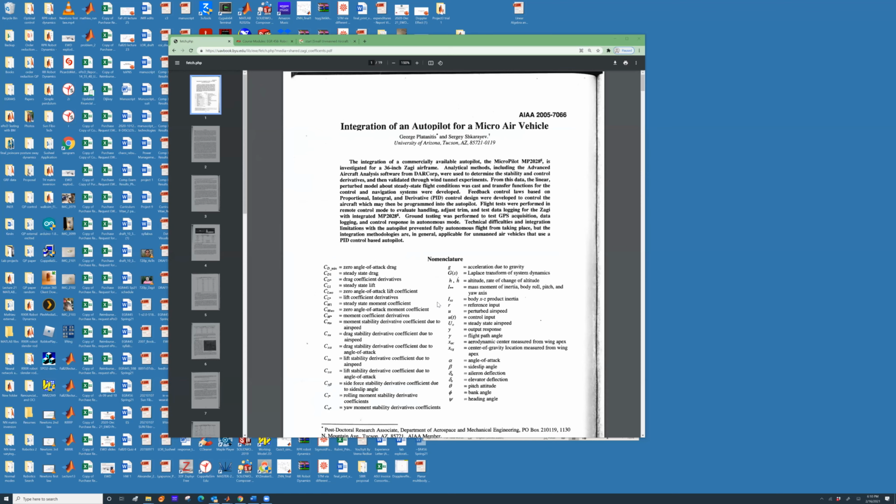That may be able to give you some answers to the questions on what coefficients to use, what parameters to choose, and how we control yaw from the roll, and so on. So please take a look at this paper and use this information to modify your simulation.